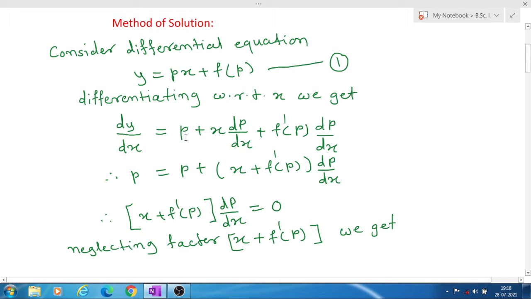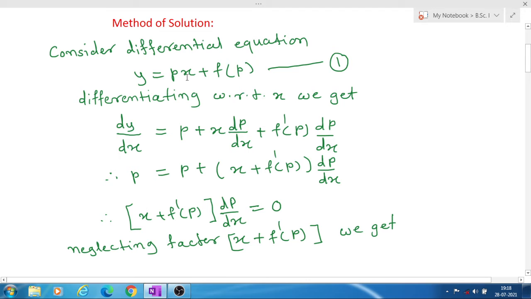Therefore first p as it is and derivative of x is 1 with respect to x, so p into 1 plus x as it is and derivative of p with respect to x is dp by dx.